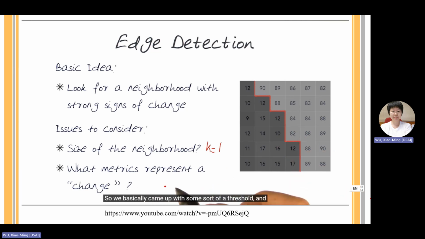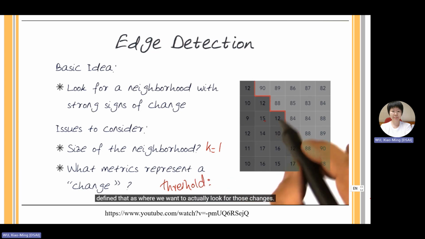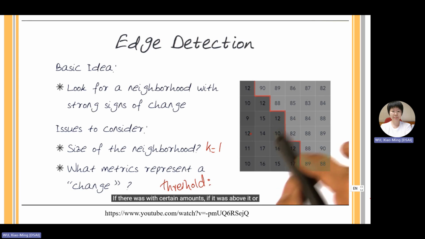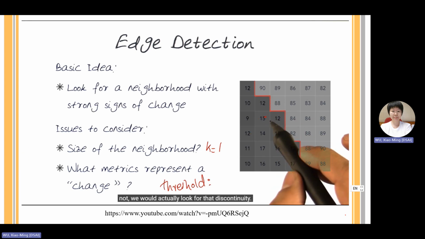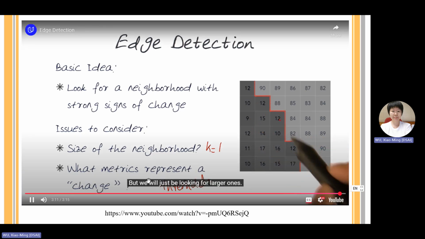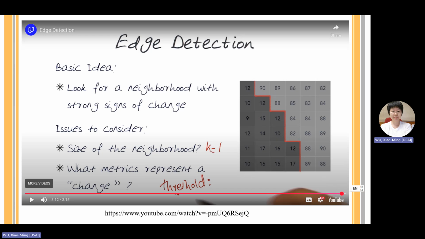So we came up with some sort of threshold and defined that as where we want to look for those changes. If a difference was above it or not, we would look for that discontinuity. Of course, there is a much smaller discontinuity between each and every pixel, but we will just be looking for larger ones. So that's how we do edge detection.